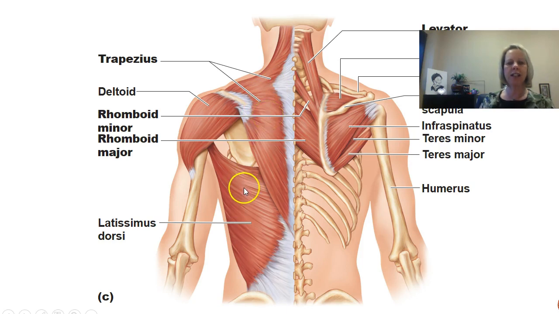There's also a latissimus dorsi muscle, and latissimus means widest. So the widest muscle on the back, dorsal, and the latissimus dorsi muscle is going to extend and adduct the arm or pull the arm in toward the body like if you're swimming and using the free stroke.